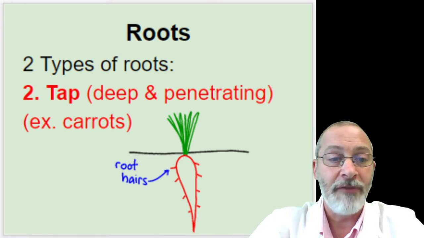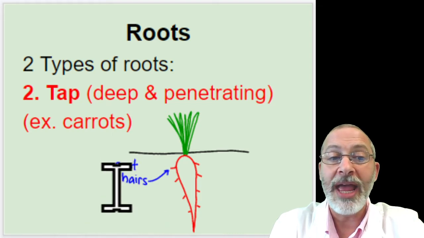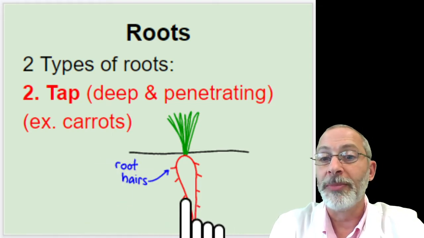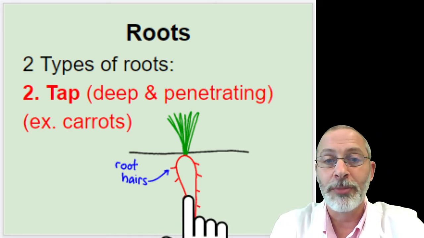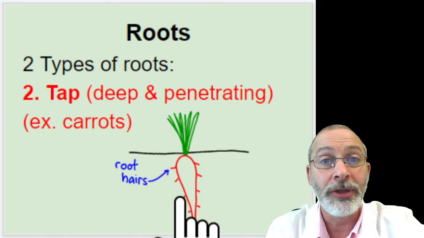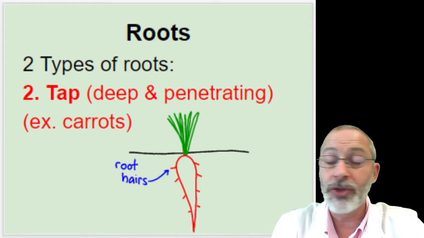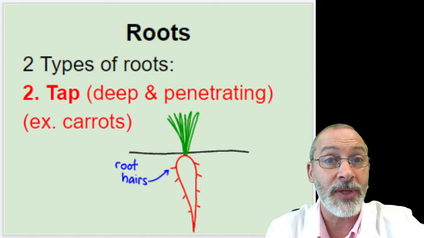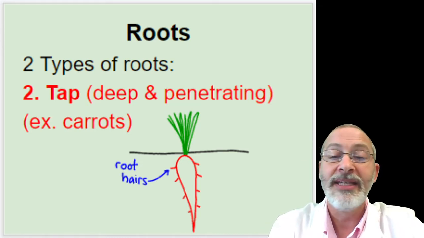But off of that main root, there are also root hairs that protrude from the sides of the tap root, which are also responsible for extracting the water and minerals from the soil. Okay, so there are our two types of roots. Review them: fibrous and tap.